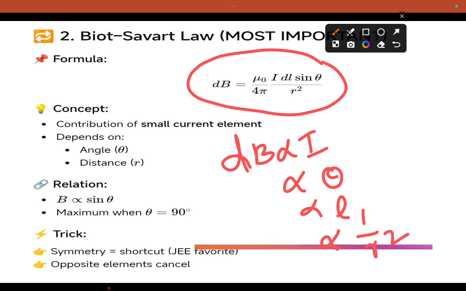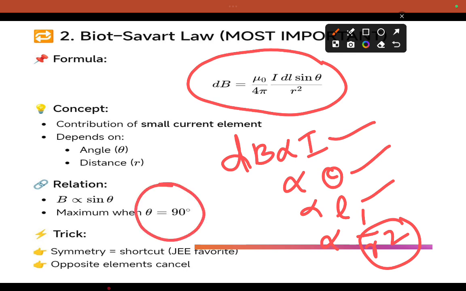So it depends on I, theta, the elemental length, and the square of the distance. dB is maximum when theta is 90 degrees.